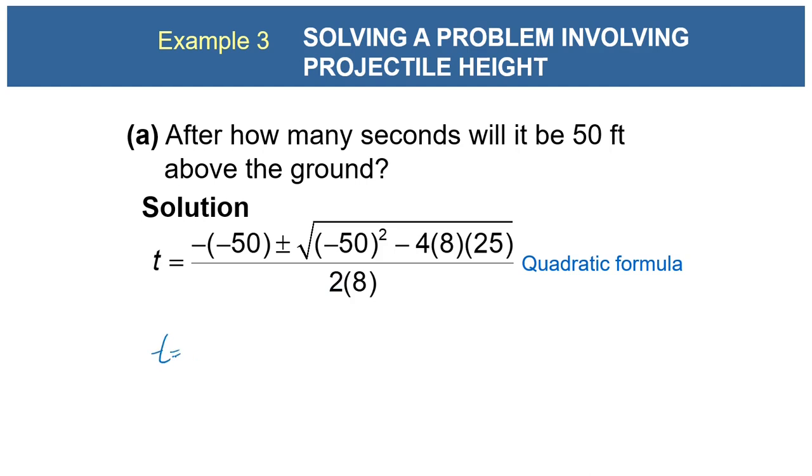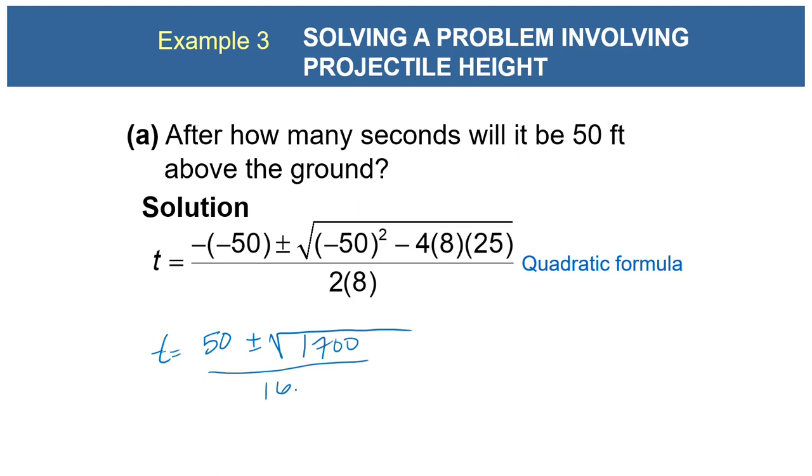So let's simplify this. We have negative negative 50, that's 50, plus or minus the square root. And I can enter this in a calculator. 50 squared minus 4 times 8 times 25. That gives me 1700 inside the radical, and we'll divide that by 16.